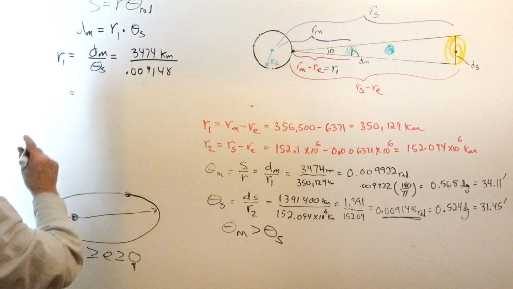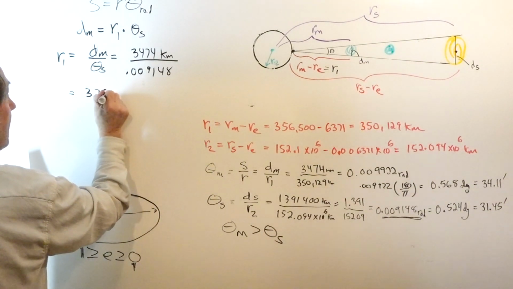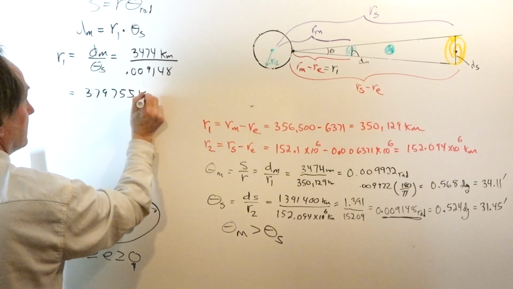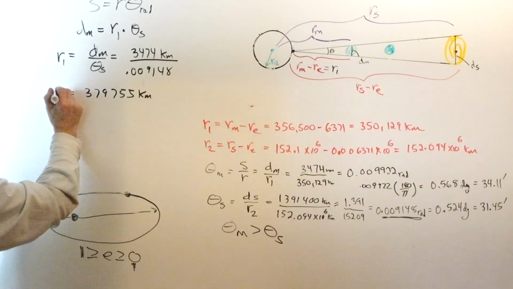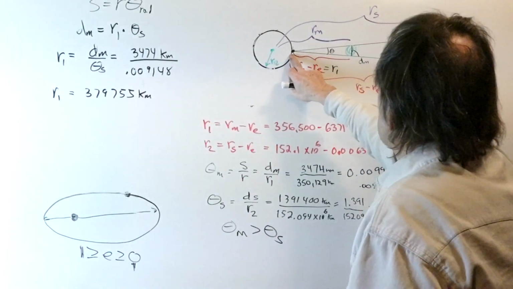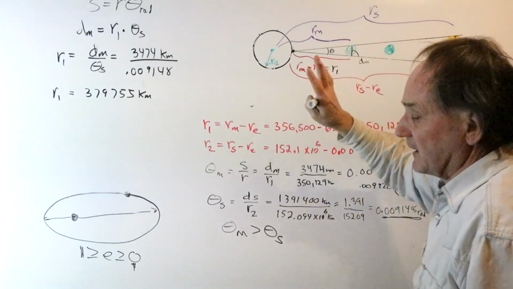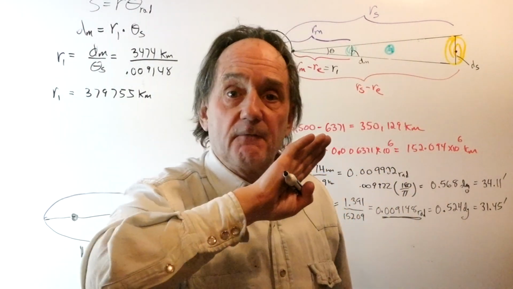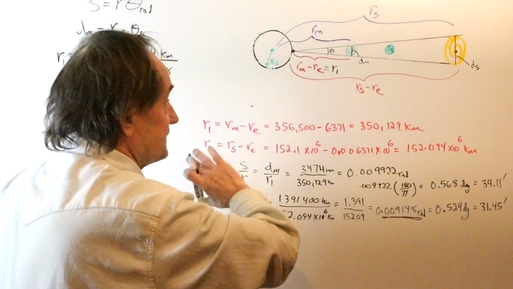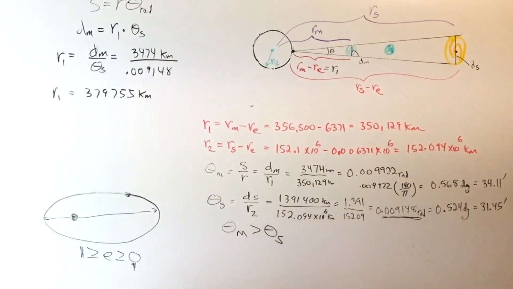Performing that division, this comes out to 379,755 kilometers. At that distance, R1, when the moon gets out that distance from the Earth's surface, it will exactly cover the sun, and any further distance that it moves, it will no longer be able to cover the disk of the sun. So you'll no longer get a total solar eclipse.